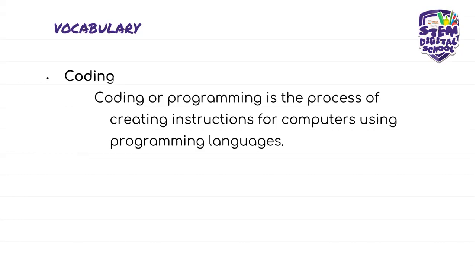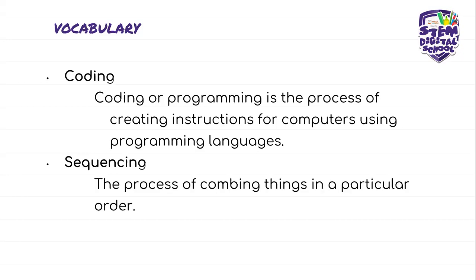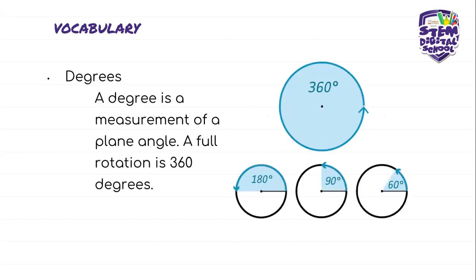And like I've told you guys on more than one occasion, JavaScript is the most widely used computer code currently being used. So this is really a great foundation for us to start our coding journey. Sequencing, like I mentioned, the process of combining things in a particular order.